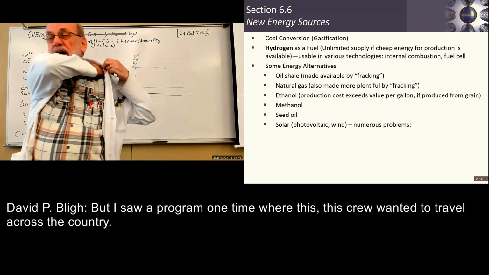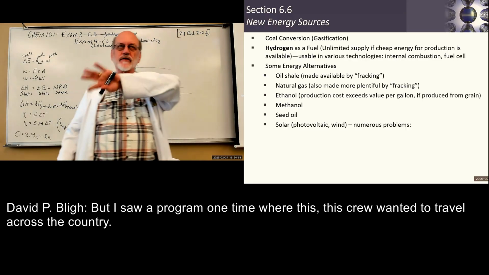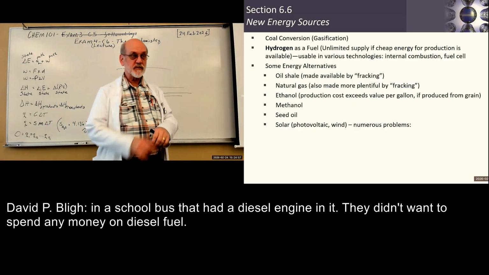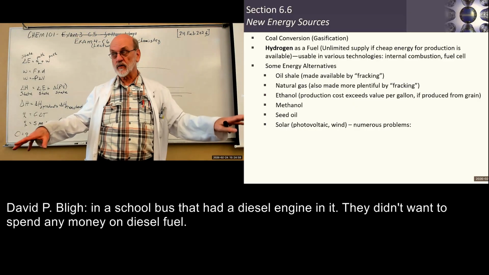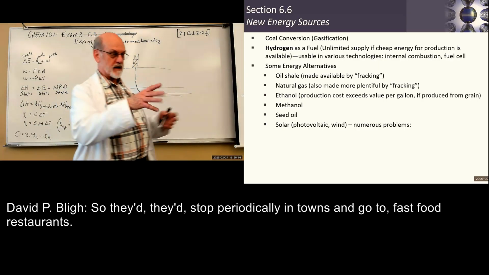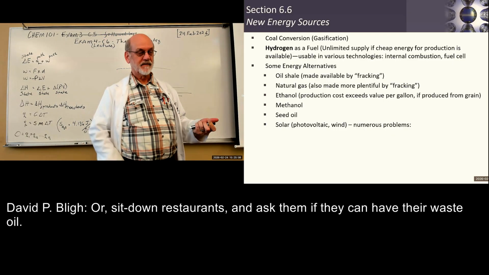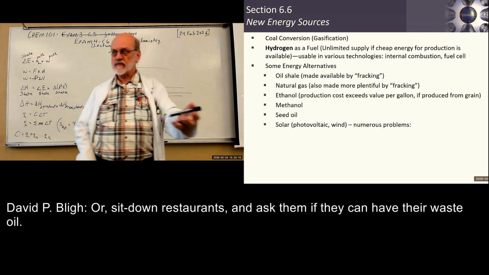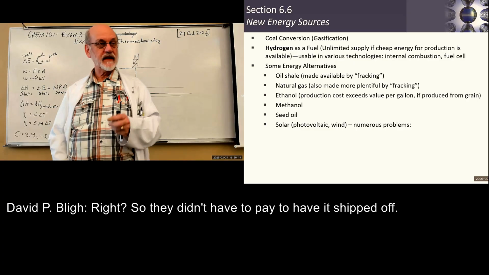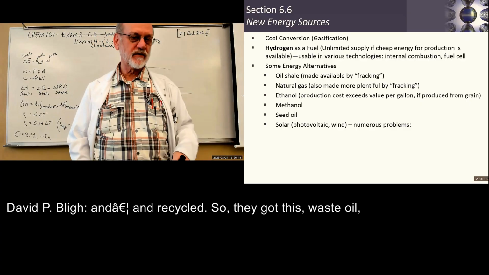But I saw a program one time where this crew wanted to travel across the country in a school bus that had a diesel engine in it. They didn't want to spend any money on diesel fuel. So they'd stop periodically in towns and go to fast food restaurants or sit-down restaurants and ask them if they can have their waste oil, so they didn't have to pay to have it shipped off and recycled.